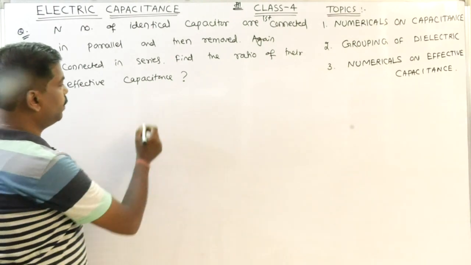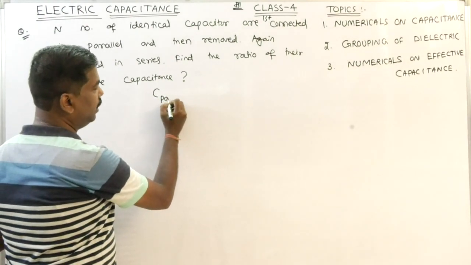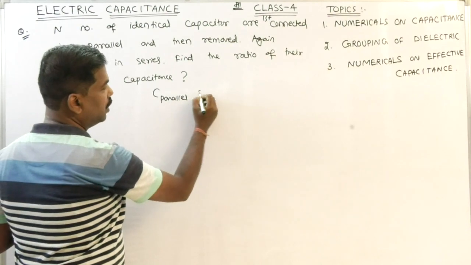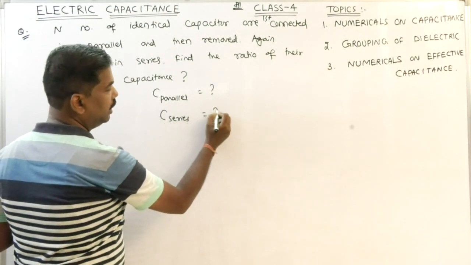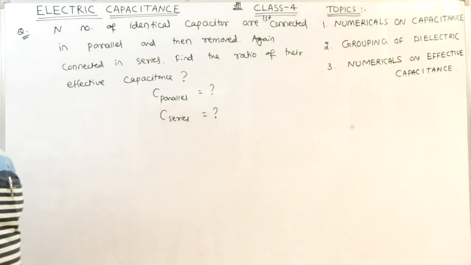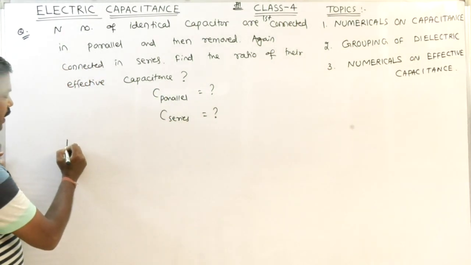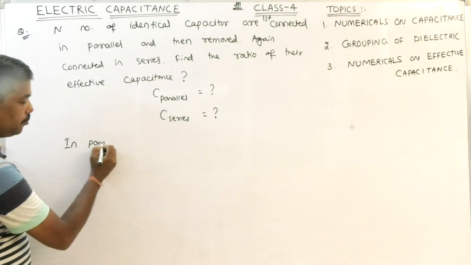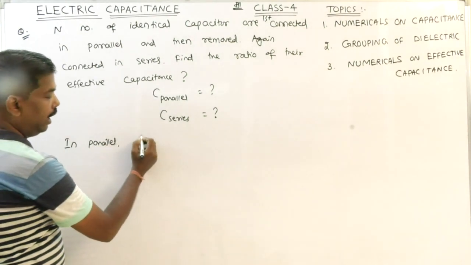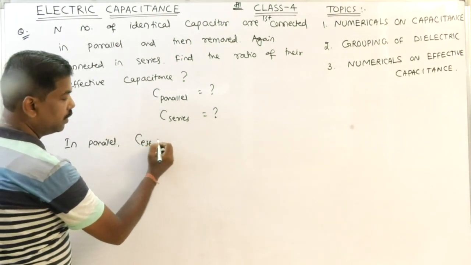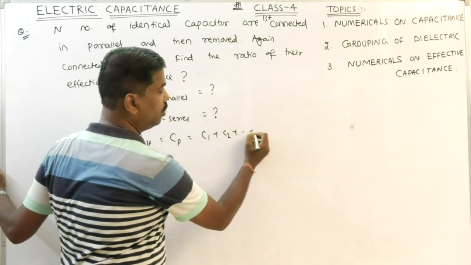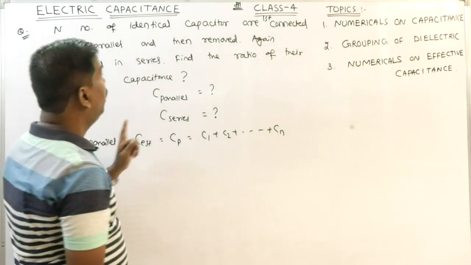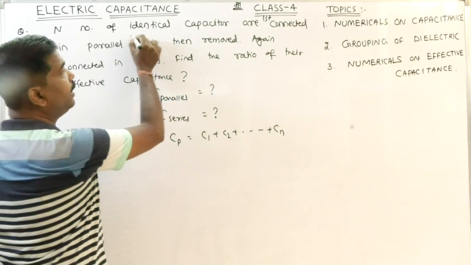It means if the capacitors are first connected in parallel, how much is the effective capacitance? Then connected in series, how much? Then find their ratio. As we know that in parallel combination, effective capacitance Cp is equal to how much? C1 plus C2 up to Cn, because it is mentioned that they are identical capacitors.